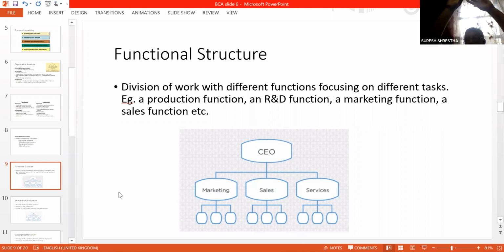You have one manager at the top and then you have different units and departments based on their specialized work. So this kind of a structuring is called the functional structure. On the basis of function, you design the organization. And that is the functional structure.